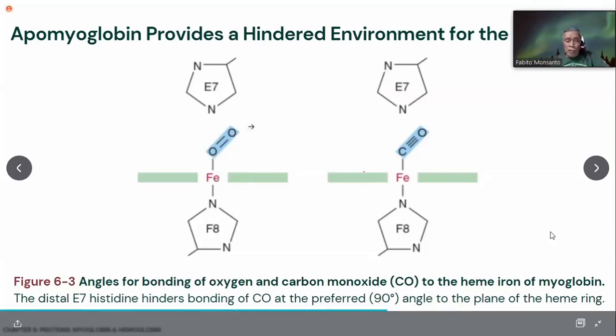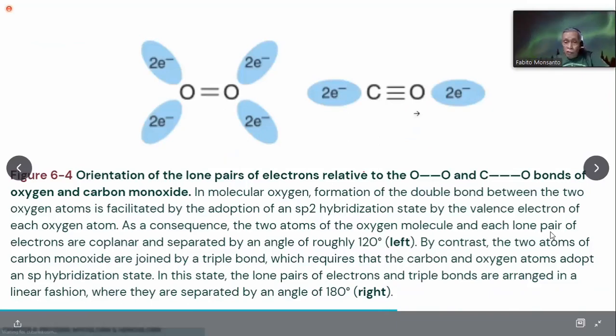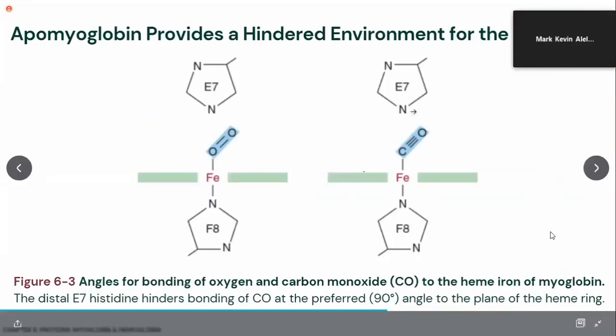Now we have a molecule which binds to iron stronger than oxygen, and this is your carbon monoxide. In order that this will be prevented from binding to the iron, because carbon monoxide is a poison, this is the work of the A7. So it is just there as a barrier.